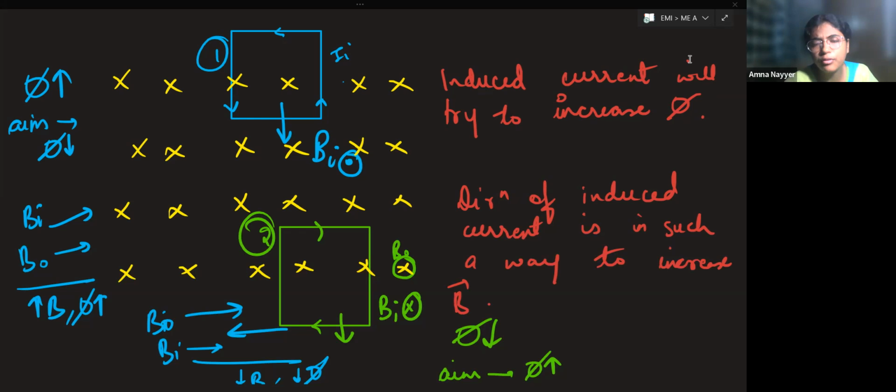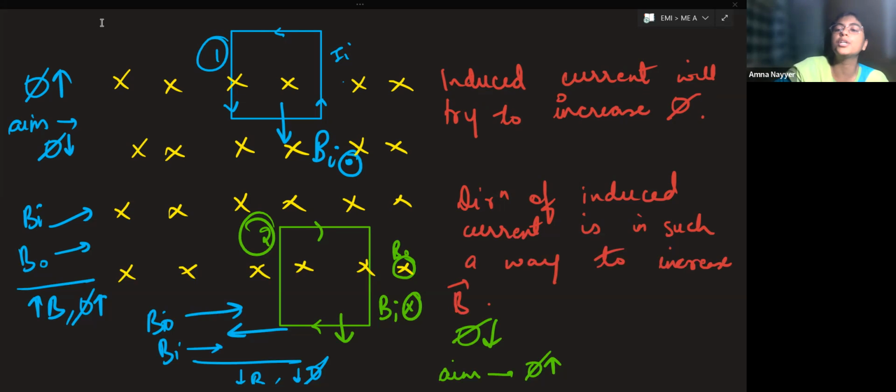See, Fahad, for the induced current, you have understood up to the point of deciding whether the magnetic field will be pointing inwards or outwards. Are you able to decide this? If you have a clockwise coil, curl your fingers in the direction of current. The thumb gives you the direction of magnetic field. That we have already studied.